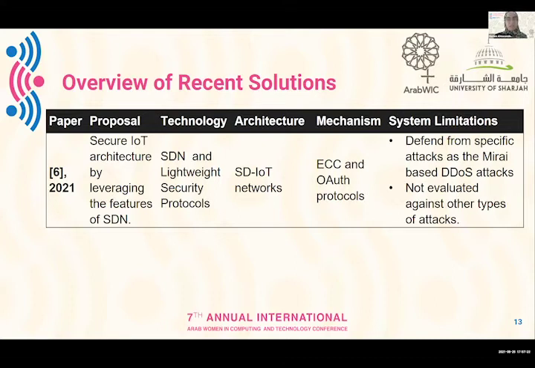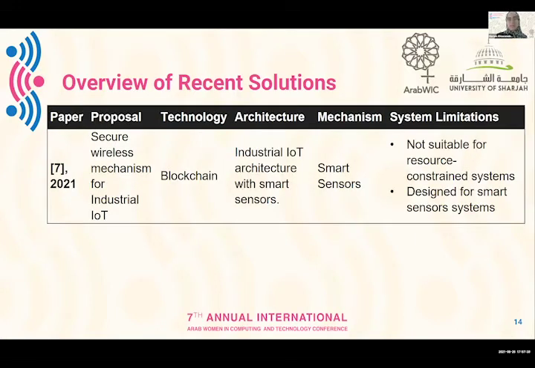This system is good for resource-constrained systems, and it defends the system from some specific attacks like DDoS attacks, but it's not evaluated against other types of attacks. The last one is a secure wireless mechanism. It applies blockchain on the industrial IoT architecture that uses smart sensors, and applies the concept of blockchain to secure the industrial IoT system.